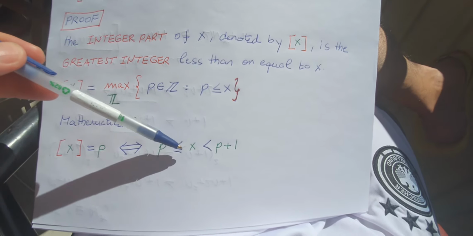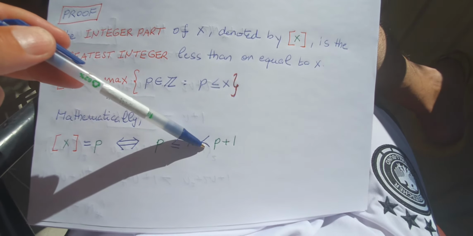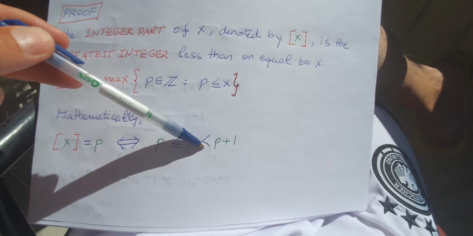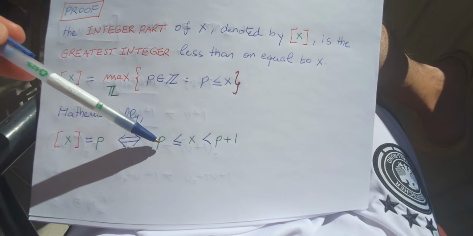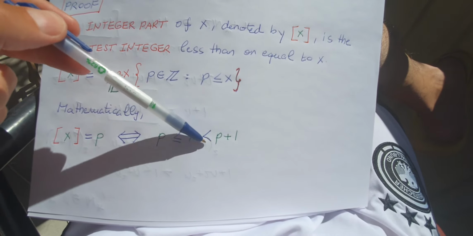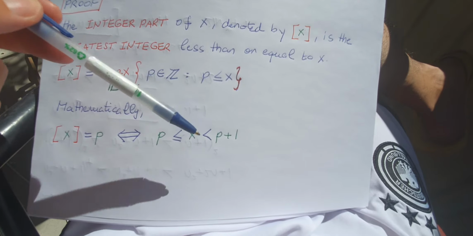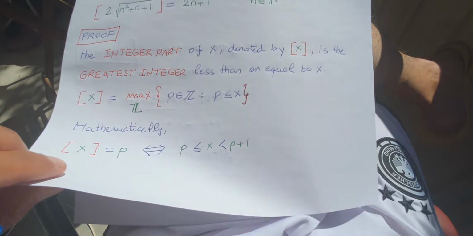And this is how it should be, because suppose that we had an equality sign here as well, then p would no longer be the greatest integer, but p plus 1. So this is why we don't have an equality sign here. Okay, so let's get to the proof here.